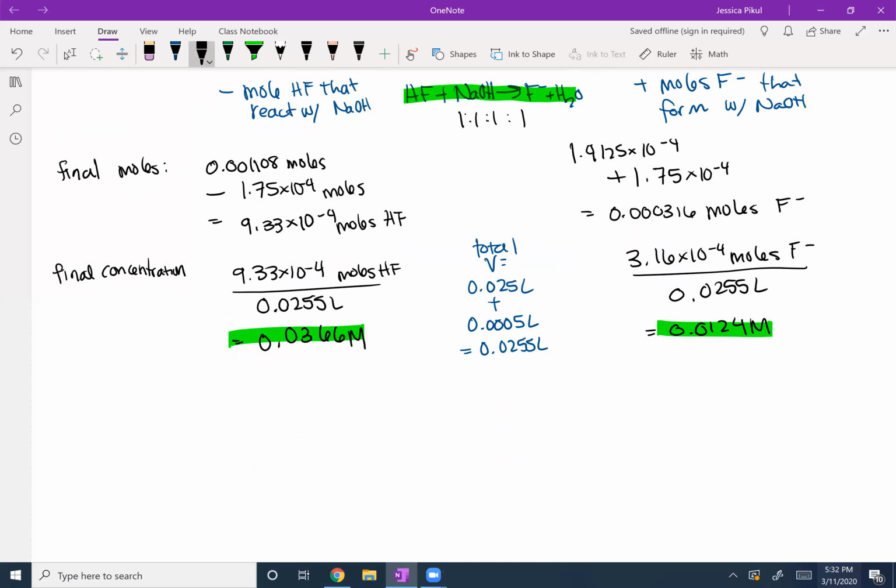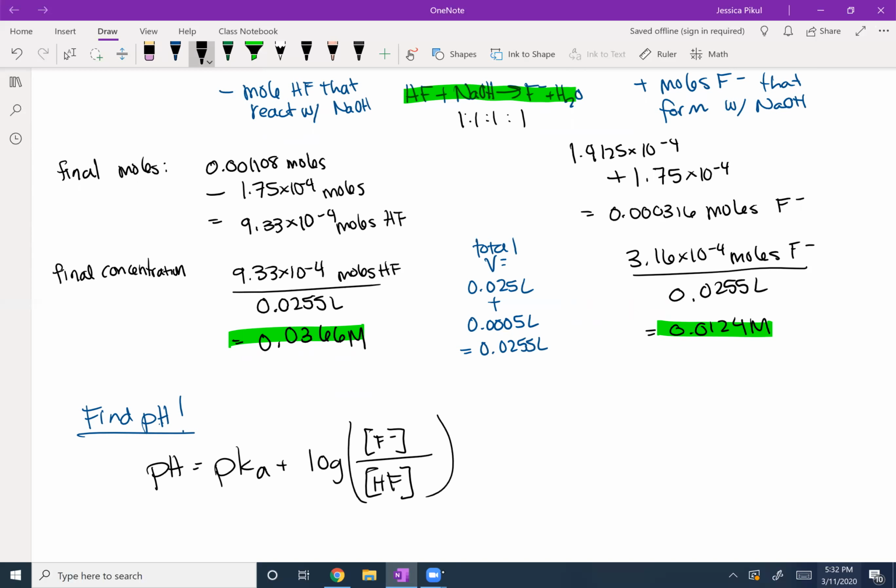So now we actually have to figure out the pH, but we've done most of the work. For pH, we're going to use the Henderson-Hasselbalch equation, which is pH equals the pKa plus the log of the concentration of the base, our fluoride ion, divided by the acid, our hydrofluoric acid. Our Ka for this is 7.2 times 10 to the negative fourth.